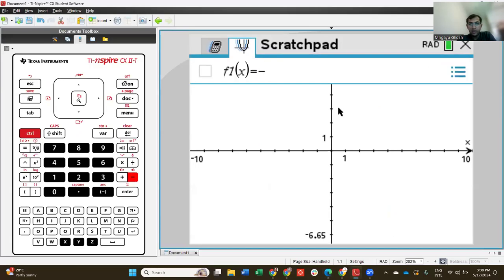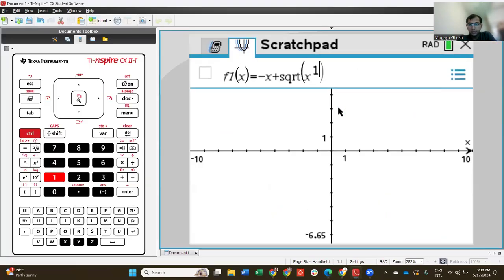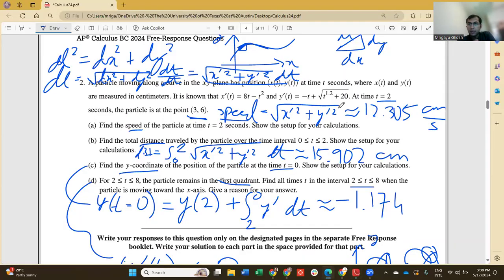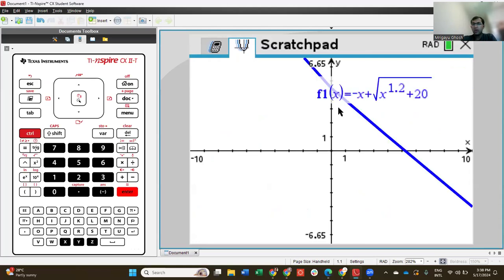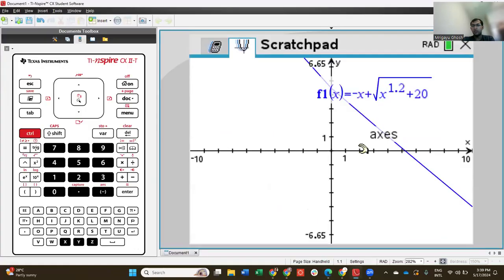So f1 of x is going to be negative x plus the square root of x to the 1.2 plus 20. I believe that's right. Okay. And we really just care about the region from 2 to 8, right? So from 2 all the way to 8, which is here.